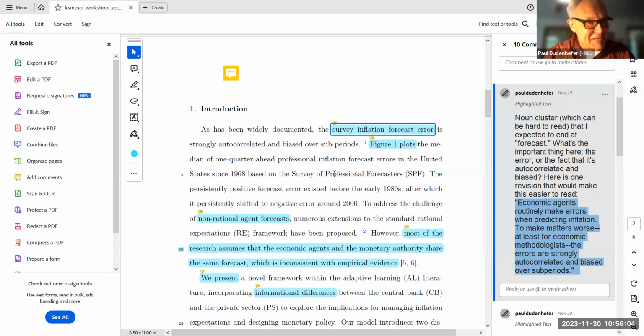Again, it's longer, but letting the information unfold like that would have been a little bit easier for somebody like me, but you may not be writing for somebody like me, okay? Regarding that first sentence, what's more important here, the error or the fact that it's autocorrelated and biased?